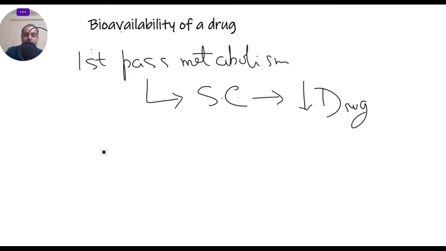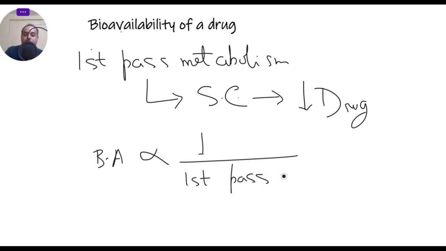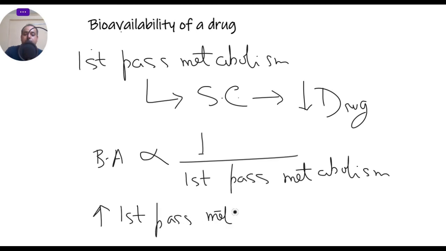So we can say that bioavailability is inversely proportional to first pass metabolism. Bioavailability of drug will be inversely proportional to first pass metabolism. That is, more the first pass metabolism, lesser will be the bioavailability.